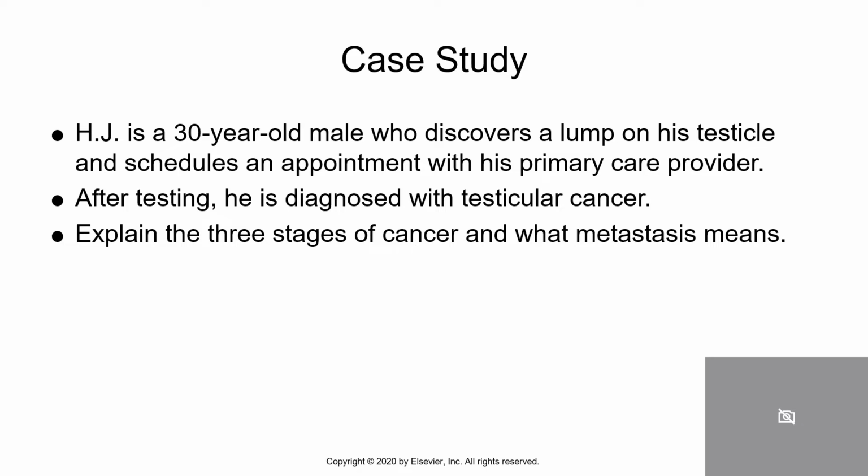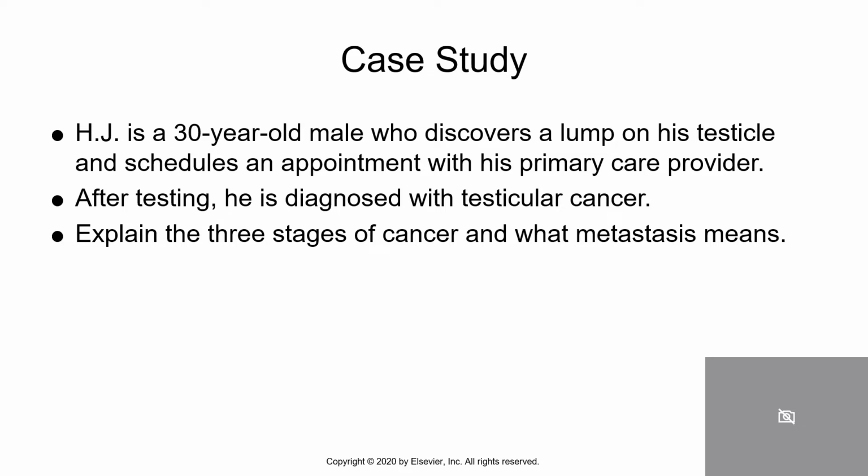So in initiation, remember that's that first stage. That's when that cell mutation is going to occur as a result of a carcinogen, whether it be chemical, radiation, viral, or an inherited mutation. And then remember, the next stage is the promotion stage, right? And that promotion stage is the stage that is characterized because it can be reversed, but it's the proliferation of the cells that have been altered.